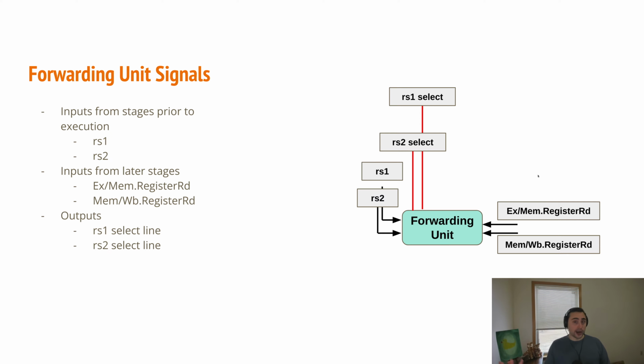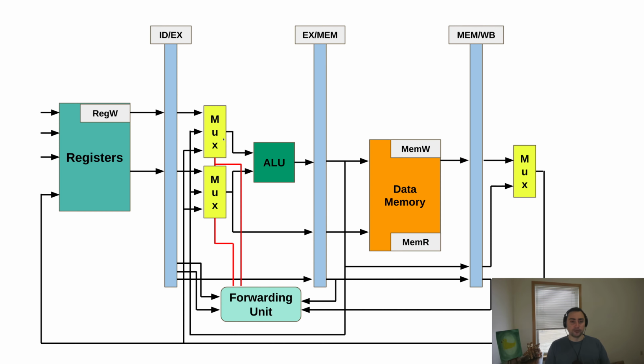So where are we writing to in our register file inside of our execution mem pipeline register and our mem writeback pipeline register. And we're expecting our forwarding unit to take in all of these values and properly set the select lines for our multiplexer back here.